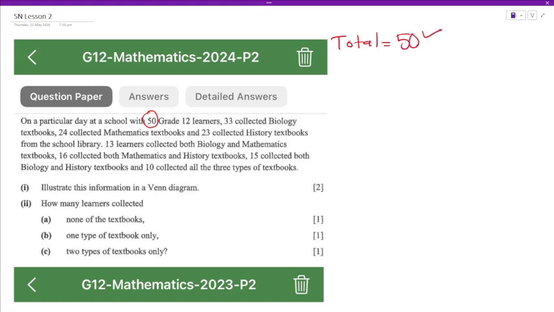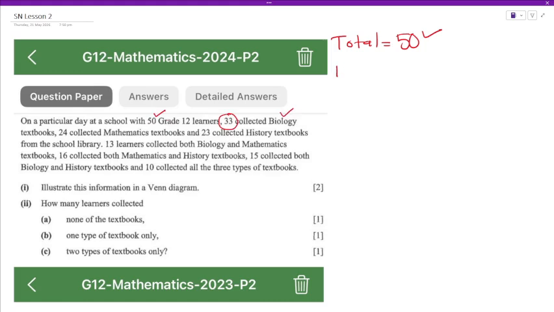This will guide you at the end once you come up with a Venn diagram, because when you are done with your Venn diagram and add everything, the value you should get is 50. So please pay attention to those pieces of information in the question. 50 grade 12 learners, 33 collected what?